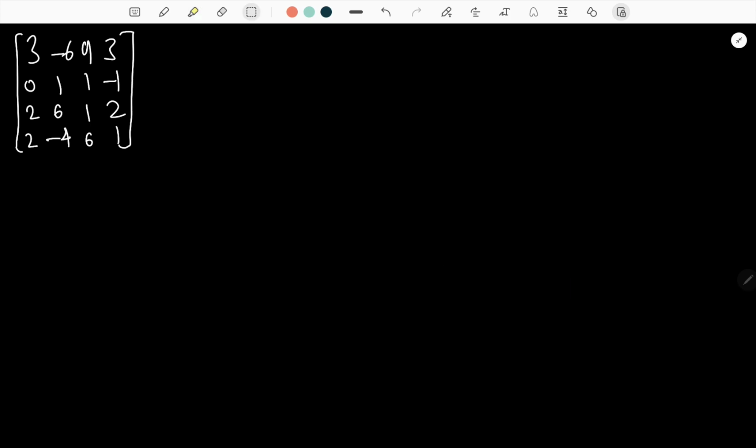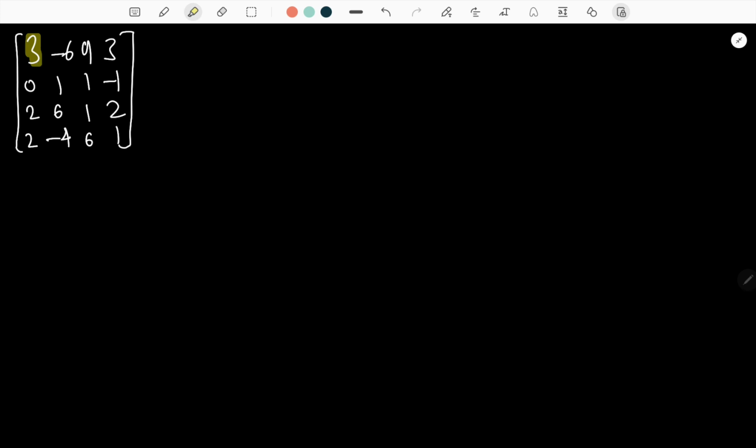So in this example we have a 4x4 and we want to convert this into REF. So first thing, again, we need to look for the first pivot in the first row, which is 3. This is a best practice to keep the first pivot in the first row 1, since we will be using this to eliminate this 2 here and this 2 also to make it 0. So we can see that the first row is a scalar multiple of 3, since it's 3, minus 6, 9, 3.